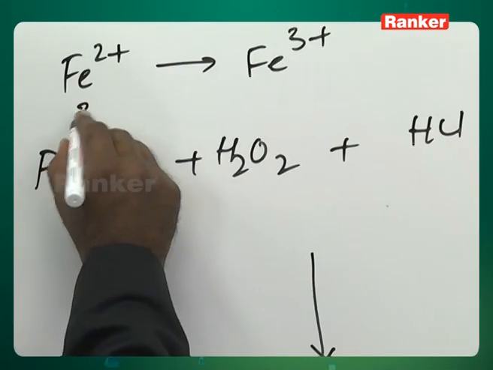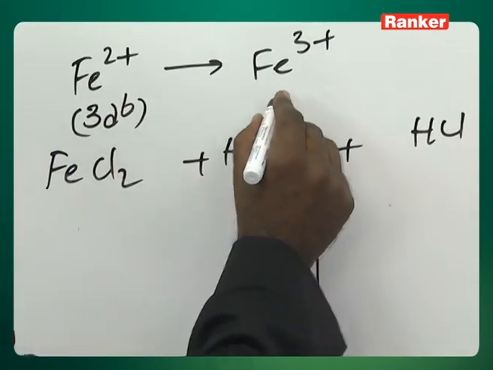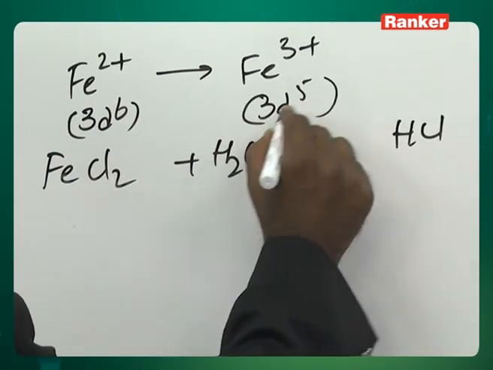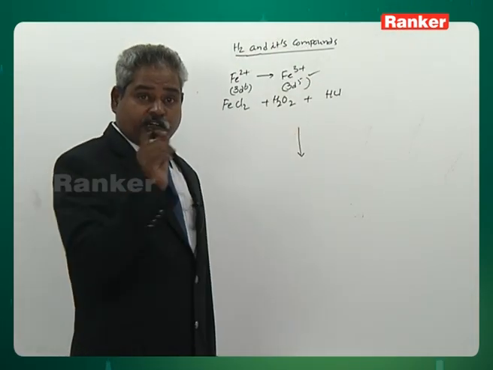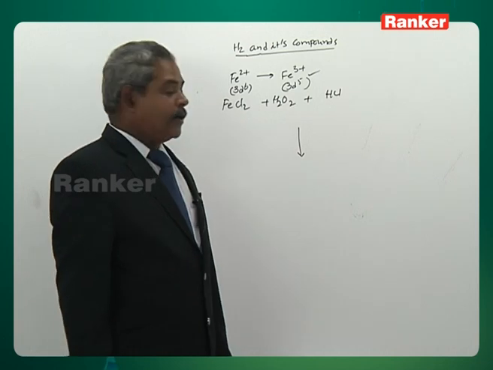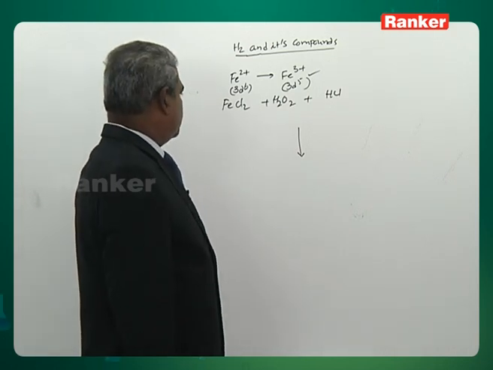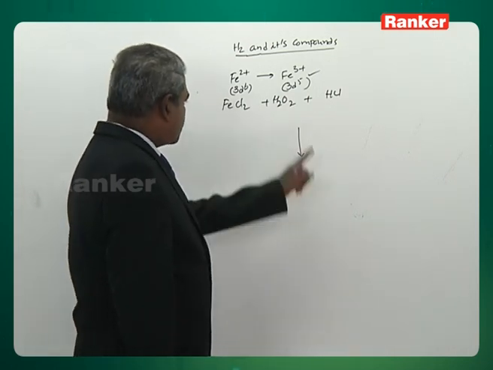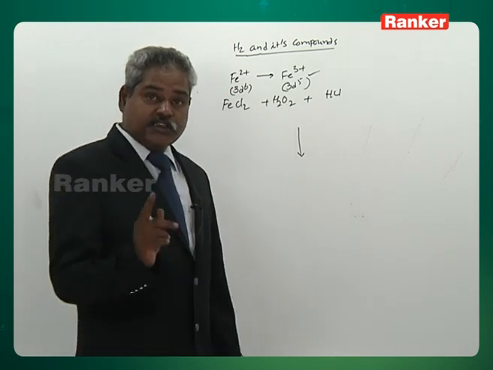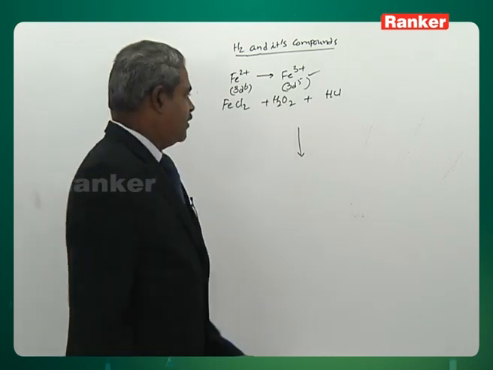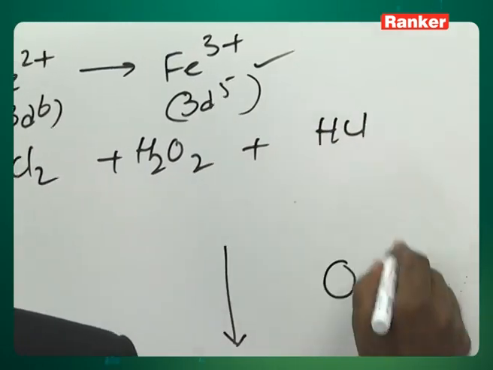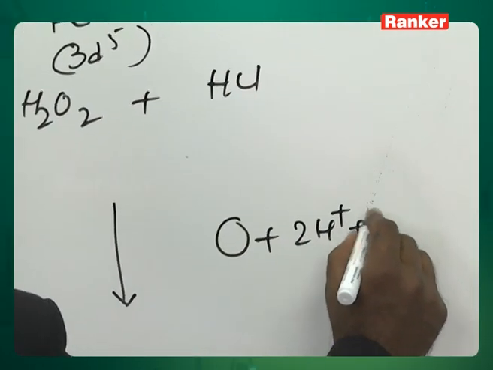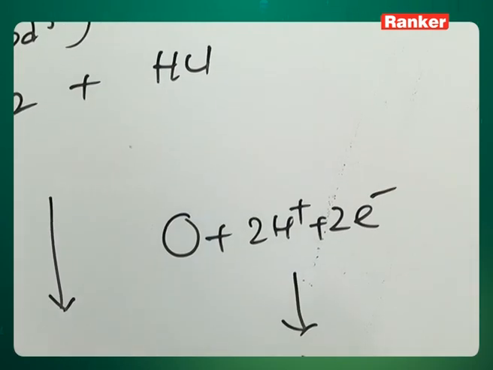Ferrous, the electronic configuration is 3d6, and ferric is 3d5, half-filled configuration. So since it gets half-filled configuration, ferrous is ready to lose an electron. But who will take the electron? So the oxygen of H2O2, the oxygen of the oxidizing agent, by taking two protons from acid and 2 electrons, becomes H2O.